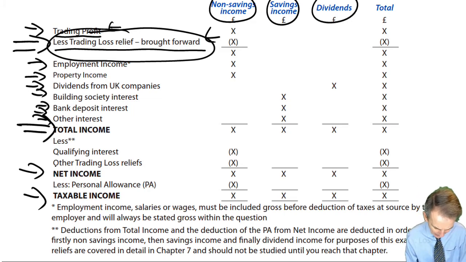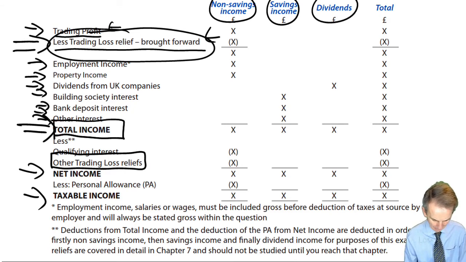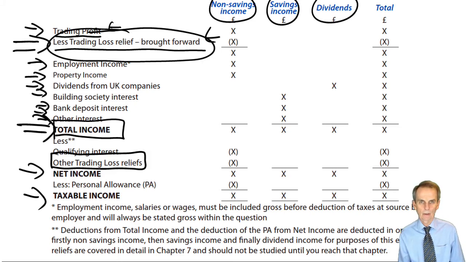But then there are down here other trading loss reliefs that allow you to set off against total income. Against total income. Now, what have we said? If we make a loss in the current tax year, we have a nil assessment. If you chose, as you'd be free to choose, just to carry all of that loss forward, then it would go against the next available future trading income, only the trading income.